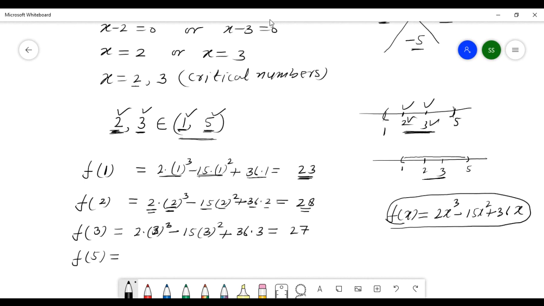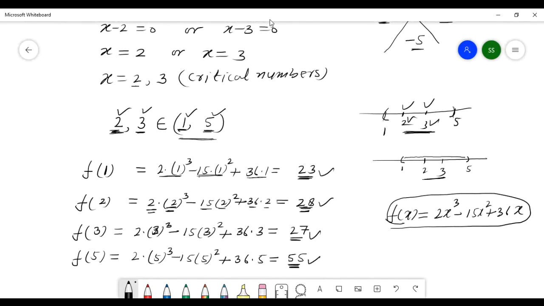And now f of 5: 2 times 5 to the power 3, minus 15 times 5 to the power 2, plus 36 times 5, and this equals 55. Here I have taken big numbers, but in the exam, inshallah, small numbers, so you will solve them easily. So we have 23, 28, 27 and 55.